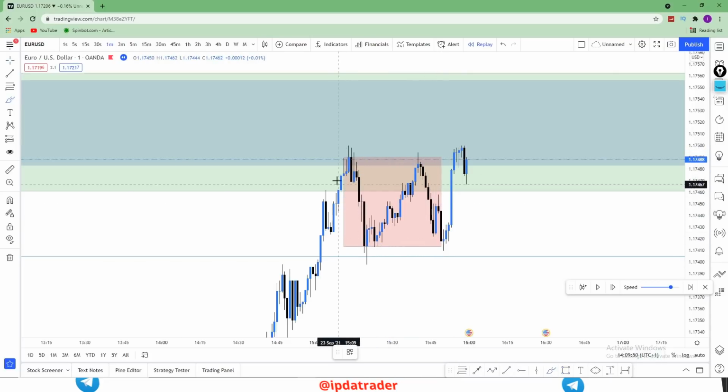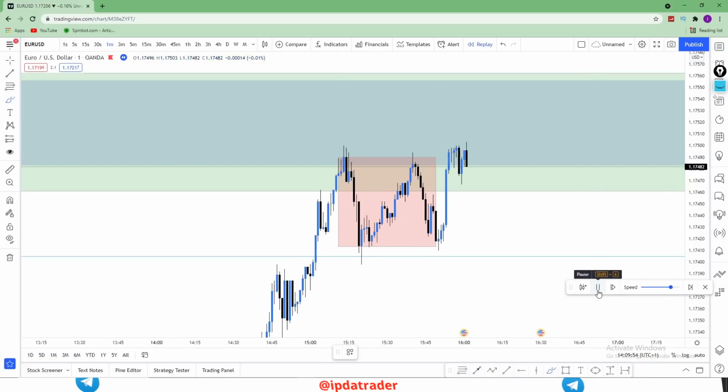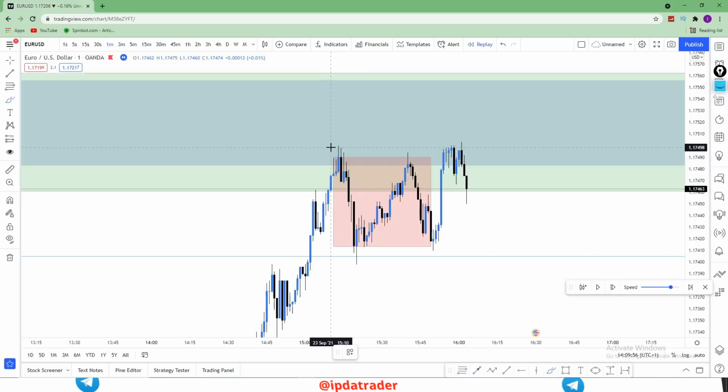We just spiked above the high, as you can see. There we go. We spike above it. With this wick right here, we clear all this liquidity, which means that now the liquidity factor of your confirmation is valid, and all you need to do is wait for that break in market structure.